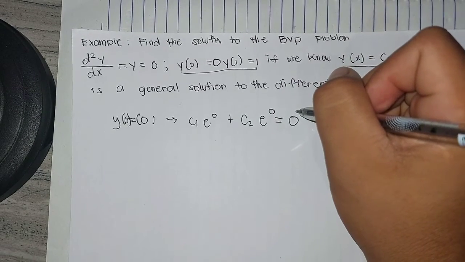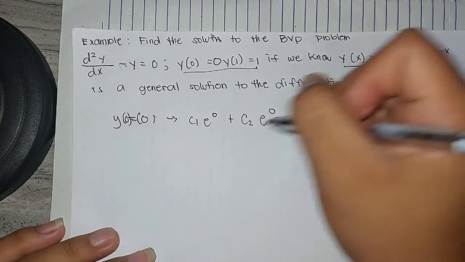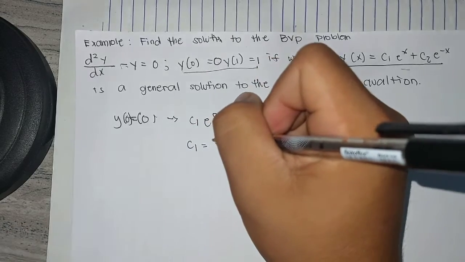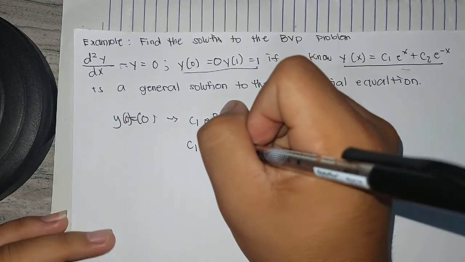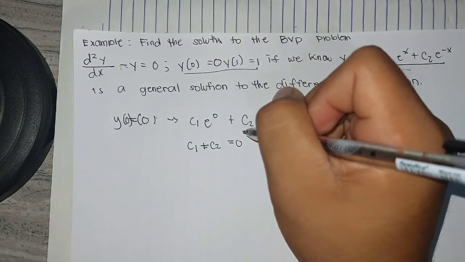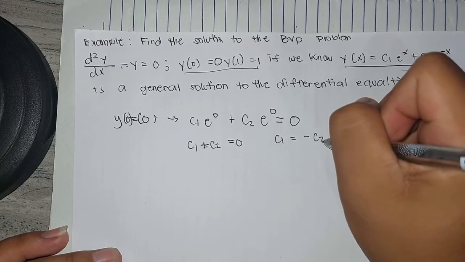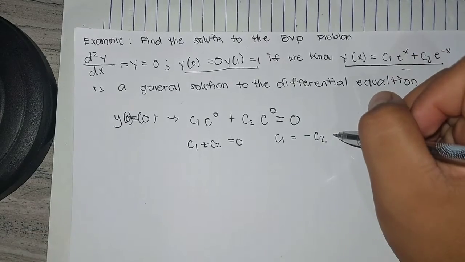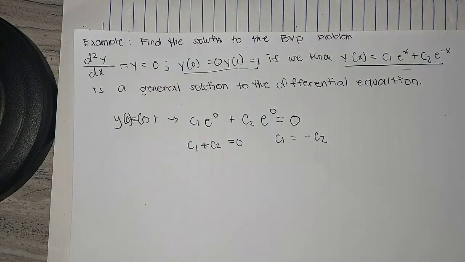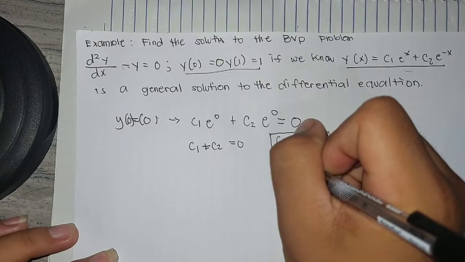Remember that e to the power of 0 is equal to 1. So c sub 1 plus c sub 2 equals 0, which means c sub 1 is equal to negative c sub 2, or vice versa, so they're opposite of one another. So we're going to keep track of this.